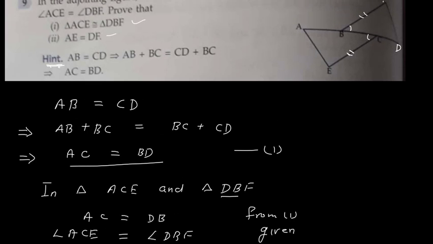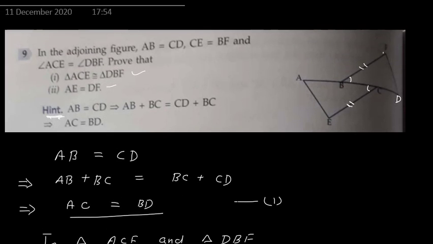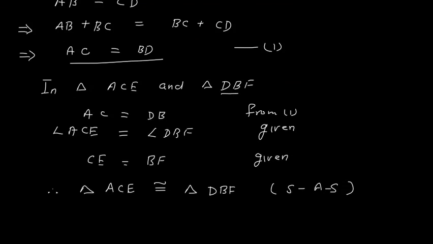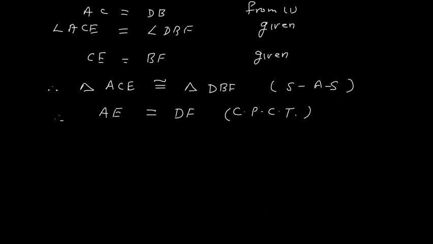Therefore their corresponding sides, that is AE, is equal to DF. So therefore AE equal to DF, corresponding part of congruent triangles. So hence we have proved. So QAD.